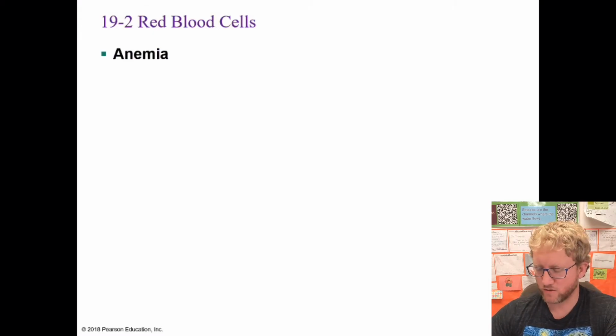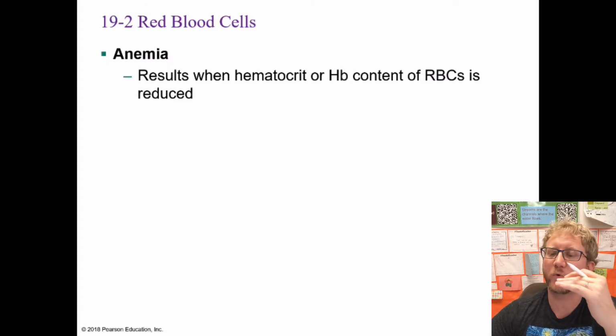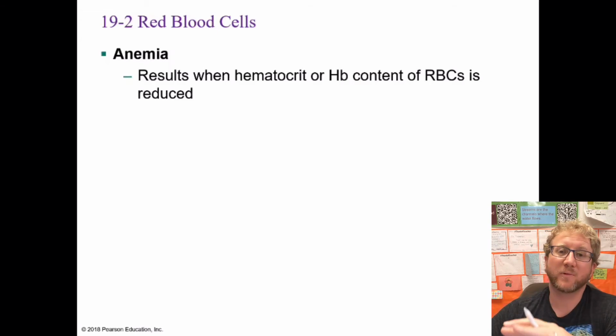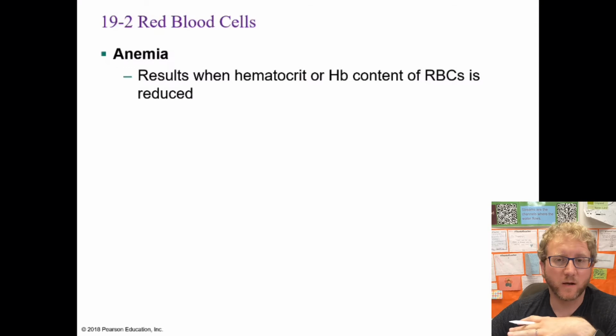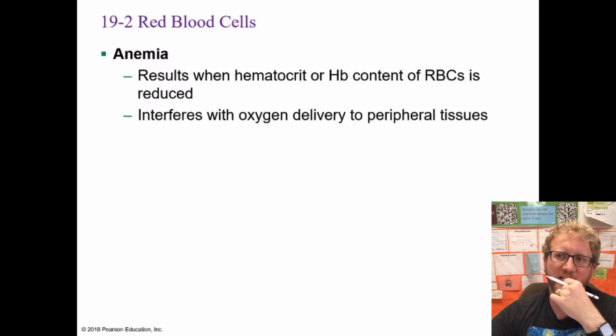Anemia is one of those disorders that's characterized by either low hematocrit, so you physically have fewer red blood cells, or your red blood cells have low hemoglobin numbers, which interferes with oxygen delivery to peripheral tissues. And so people who don't eat a lot, or have deficiencies of iron in their diet, for example, will become anemic.